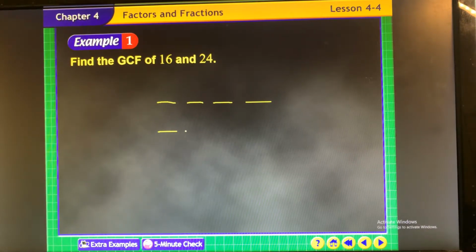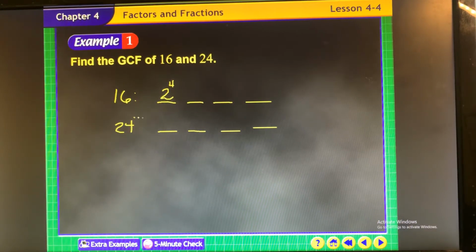And you stack them 2, 3, 5, 7, just like that. So 16, remember you would have to do a factor tree if you don't know it, is 2 to the 4th power. 24 is 2 cubed, 8, times 3. Okay?